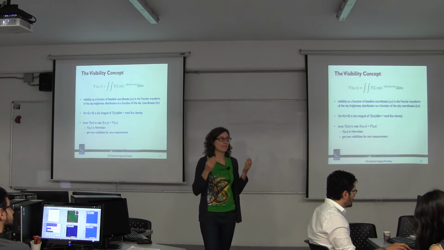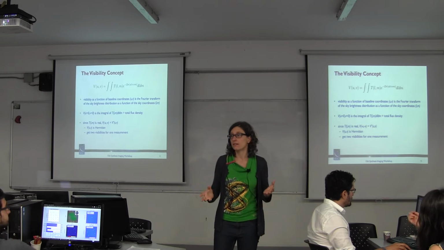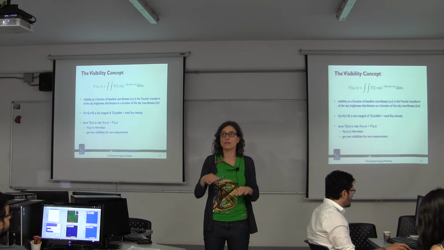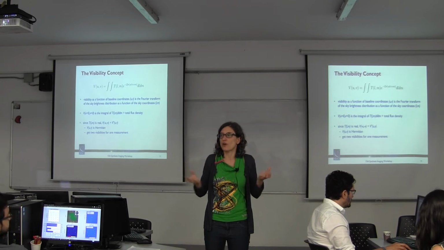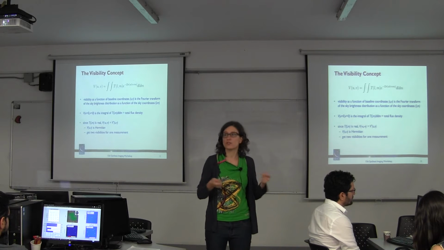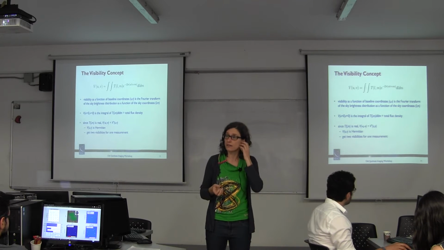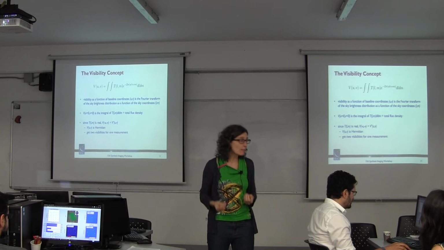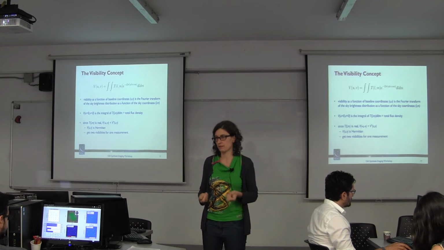But we have an array, a limited number of antennas that are moving as the Earth rotates. So we don't have information on all the visibilities, just some, and with that we cannot obtain a perfect point source. We are sampling our visibility space.